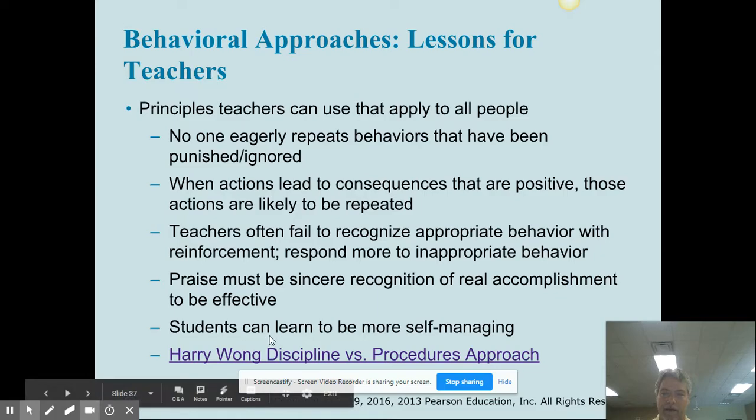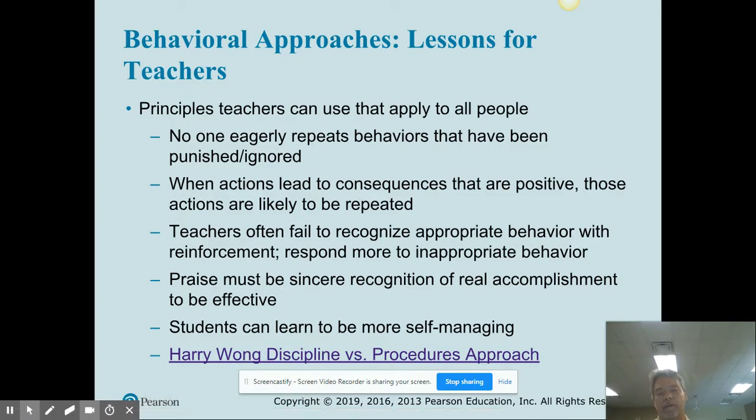I did put the link from Harry Wong on discipline versus procedure. He is the classic behaviorist from the 1990s, where there's a book. It's called The First 100 Days of School. You still want to read that. It's good to have this in your construct as an adult to pull from various learning strategies. And this is one that we like here.